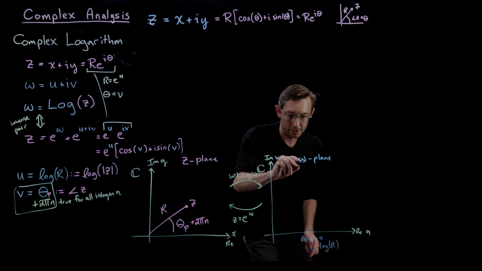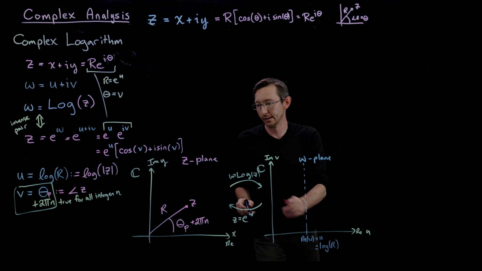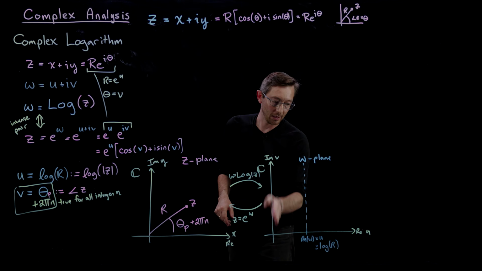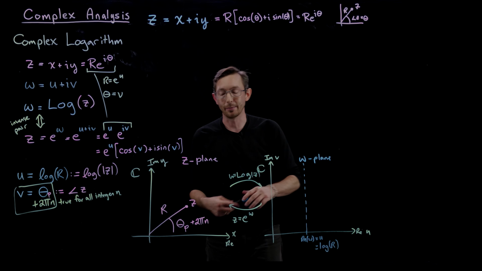So this is a line, which is literally the real part of w, log of this radius. And the phase angle of w could be any one of infinitely many values.